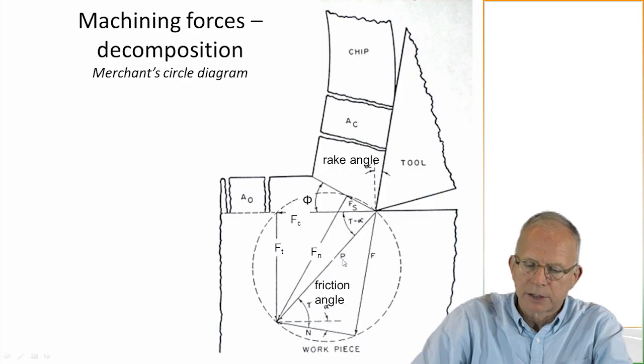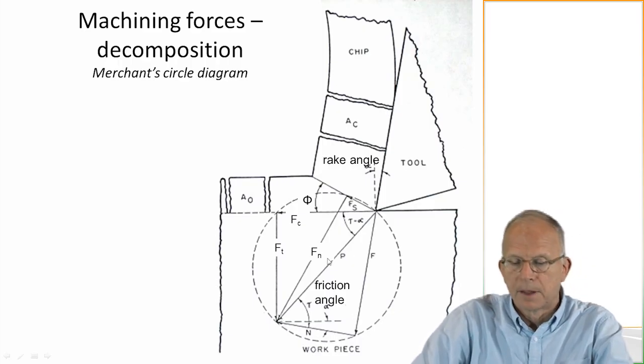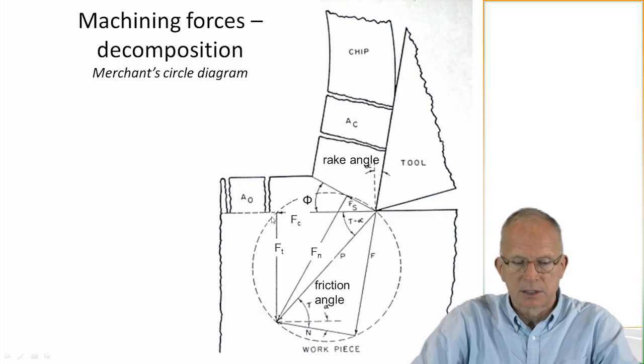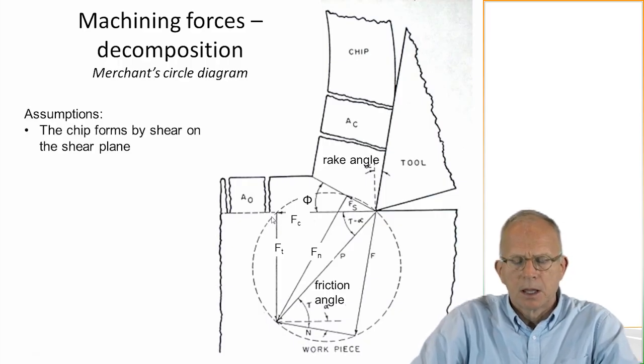So the total resultant force here, P, is the diameter of the Merchant circle. And then this can be decomposed by chords. And if the chord starts at one end of P, and the second chord that I'm adding to it ends at the other end of P, this will be a right angle. So we end up with orthogonal systems of forces for decomposing this, and we'll be looking at this in more detail later.